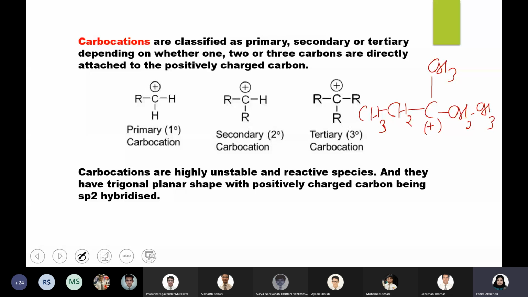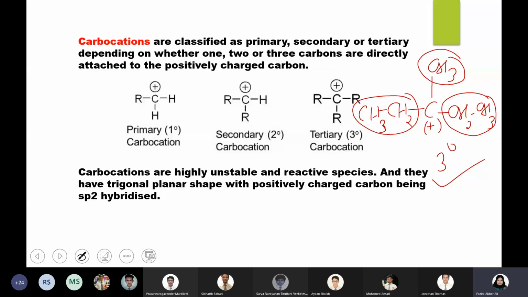Okay, this one. Primary, secondary or tertiary? Tertiary, right? Yes, it will be tertiary because you have 1, 2, and 3 alkyl groups attached to the positive carbon.